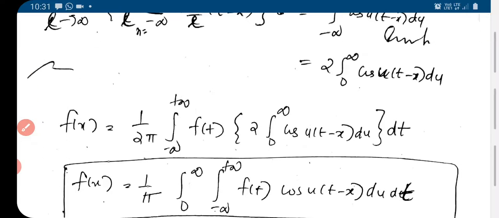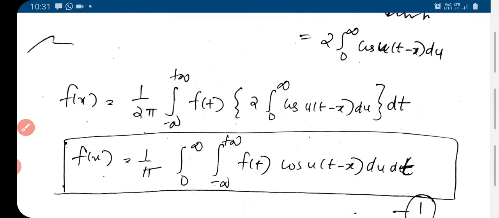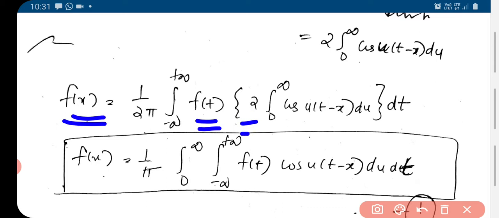So we substitute here, and you get f of x equal to 1 by 2 pi integral minus infinity to plus infinity f of t times 2 times this. You know why this becomes minus infinity to plus infinity? Because L is changing to infinity.